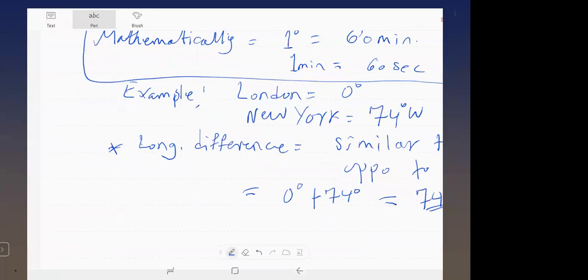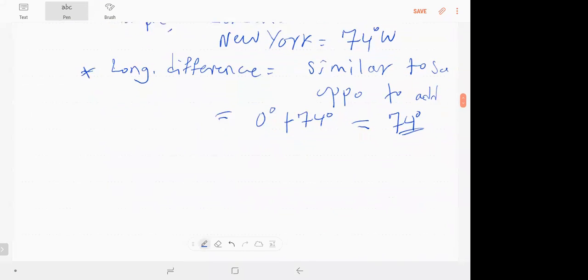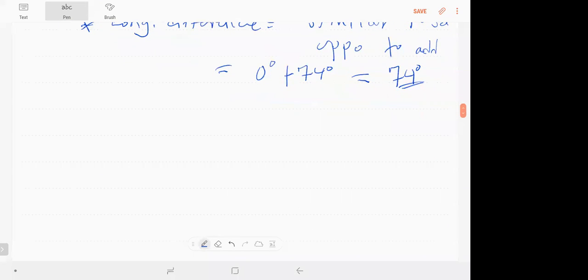Then we see the time difference. Once you get the longitudinal difference, they are at 0 and 74 degree west, yes? Then we get the longitudinal difference of 74. Now let's see the time difference between these two places.